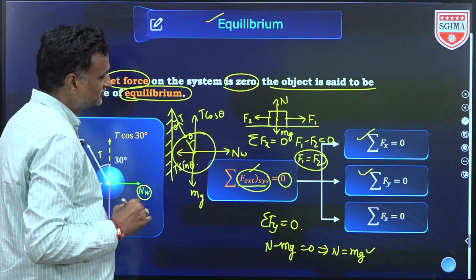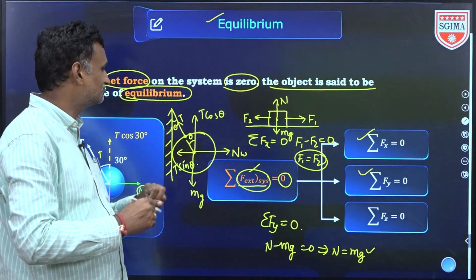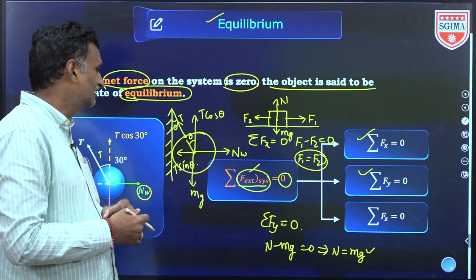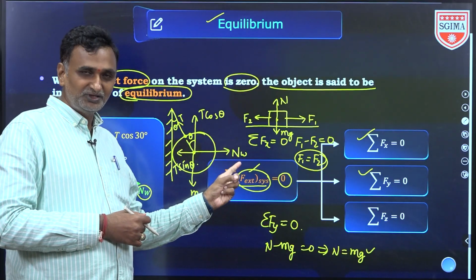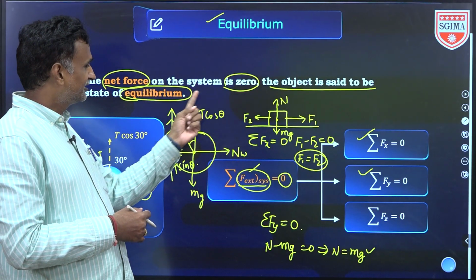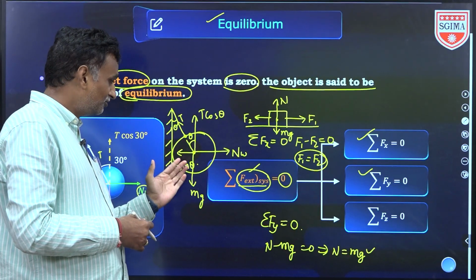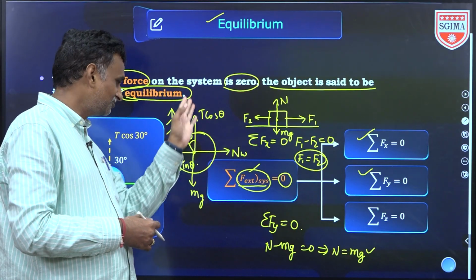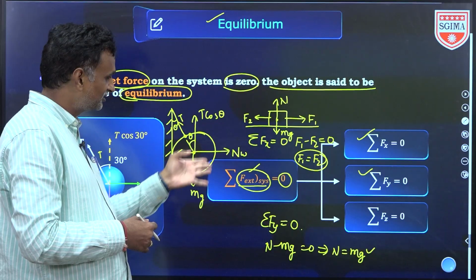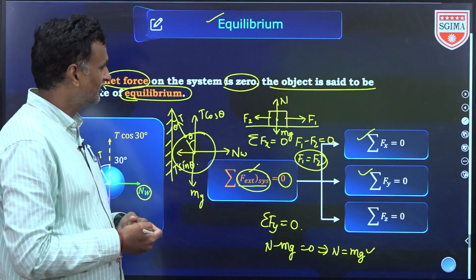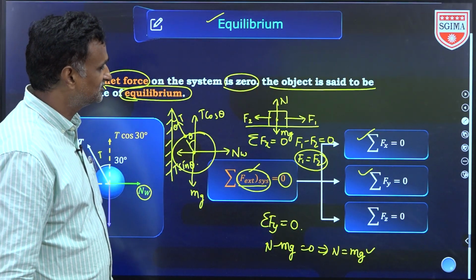So this is the way we can get the components of forces acting on the body. T sin theta must be equal to N_W, which is the normal by the wall, and T cos theta equals mg. So x-axis force equals 0, y-axis force equals 0, then it is said to be in equilibrium. So this is one more example we have seen.